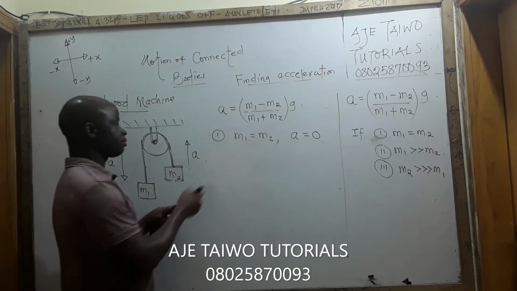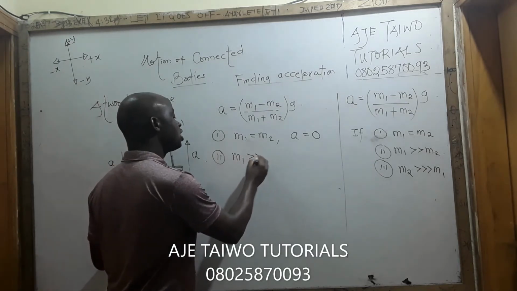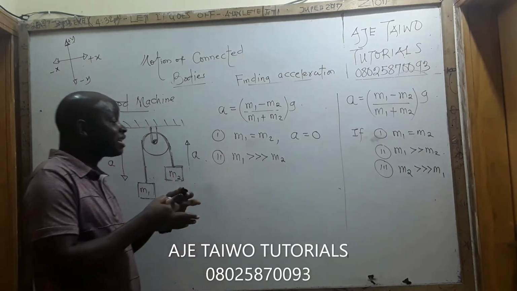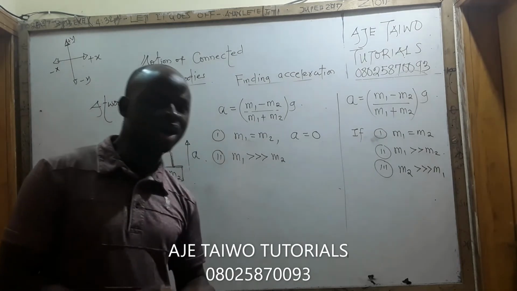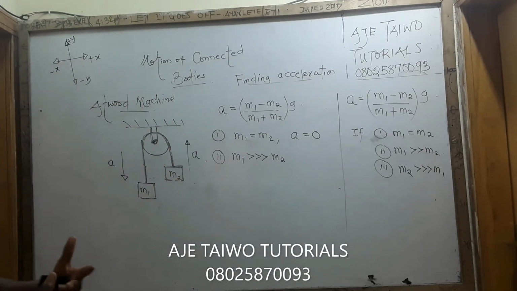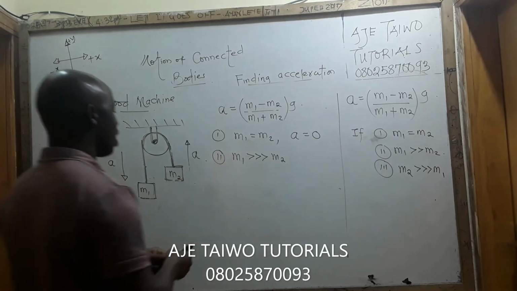Let's see number 2. If M1 is much greater than M2, watch my word, it's much greater. That means they're not comparable at all. It's far more than M2. What would our A be?